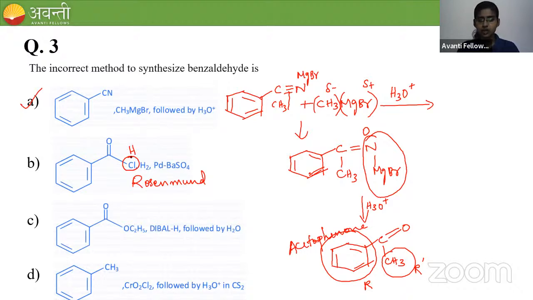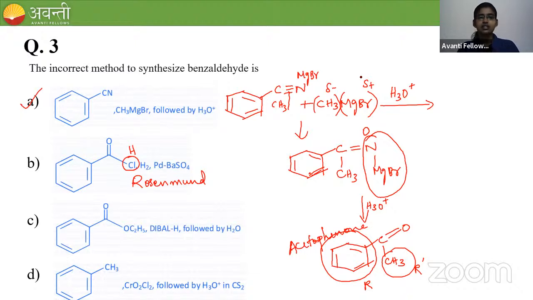And from option C also, we are using an ester and treating this ester with DIBAL-H. So what is DIBAL-H? DIBAL-H is diisobutylaluminium hydride. Yeah, Stephen has given me the answer as option A. So that's great, Stephen.